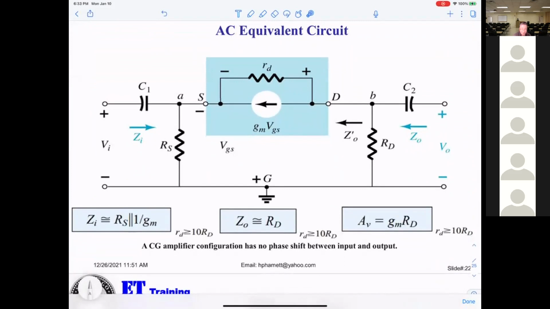Make sure if you get the load, that means the load has to be parallel with RD. And the gain will be GM times RD. What they said, common gate amplifier configuration has no phase shift between input and output, they are in phase.